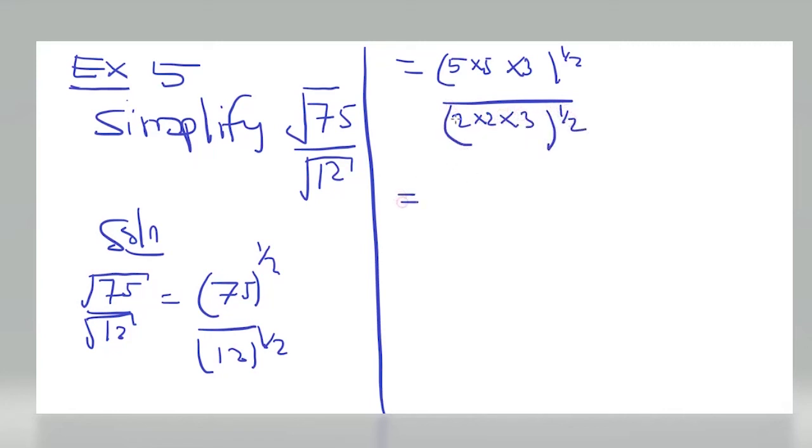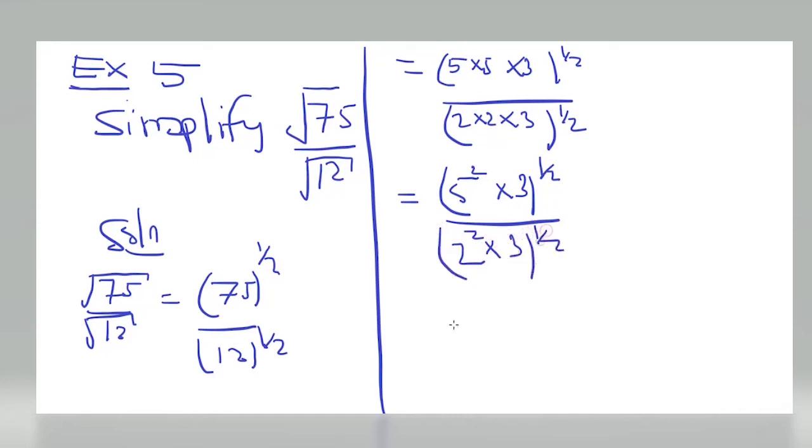This will be equal to 5 squared times 3, power half, over 2 squared times 3, power half. Opening the bracket, we have 5 power 2 times a half, times 3 power a half, over 2 power 2 times a half, times 3 power a half.